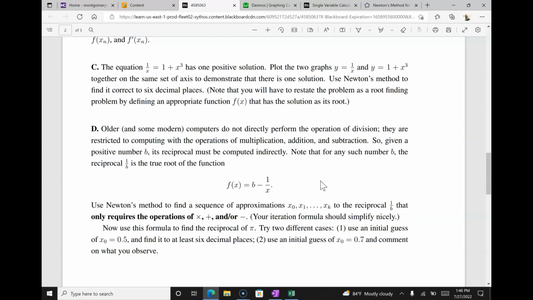So you're going to do the whole Newton's method thing again, right? Get the function, get the derivative, plug into the formula for x next.